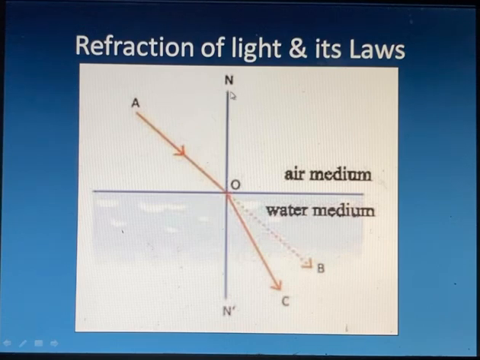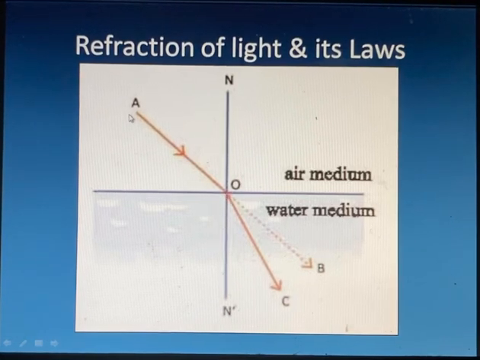That means in case of straight light rays, this is the incident ray, this one is the refracted ray, and the straight line drawn on the surface, you see all lie on the same plane. Here all at the same plane.